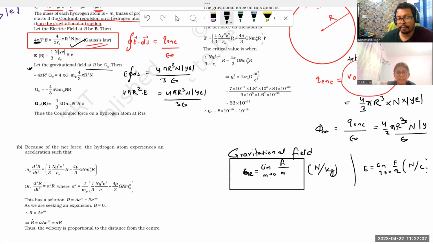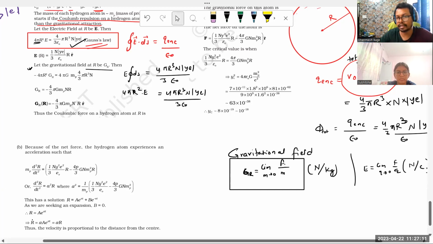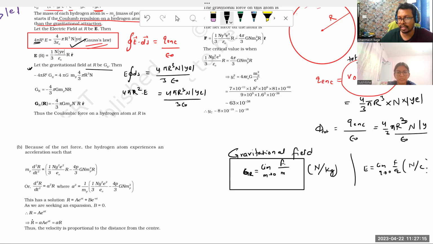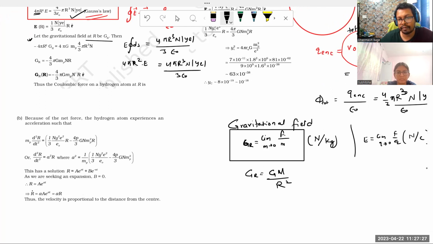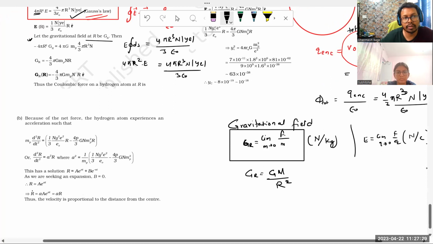One of the differences is that gravitational field is always attractive, while the electric field can be attractive and repulsive both, so it can be in two directions. If you find the formula for this, g r is equal to G m by r square will be the gravitational field. You don't need to do these complicated fields.